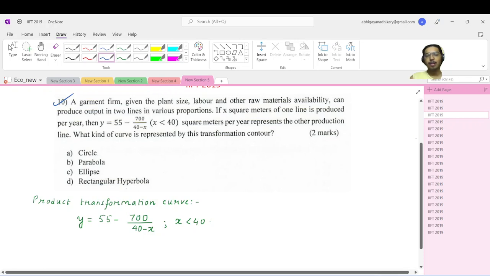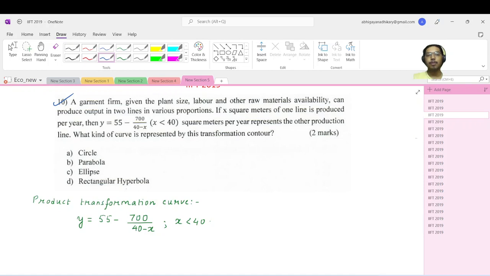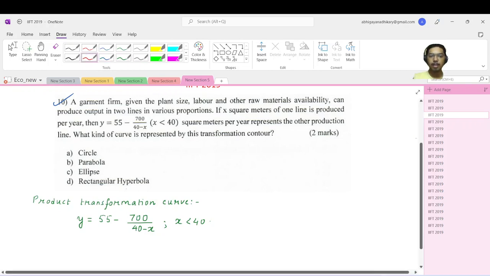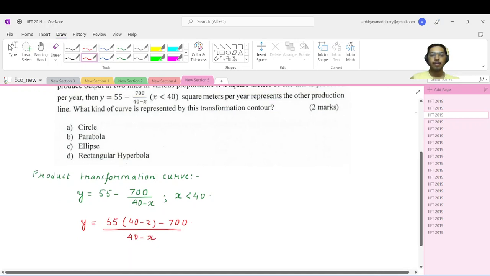So essentially, this is not a particular economic concept oriented question. It's more mathematical, but let us have a look at it. If you just simplify it, it is basically 55 into 40 minus x minus 700, divided by 40 minus x, right?